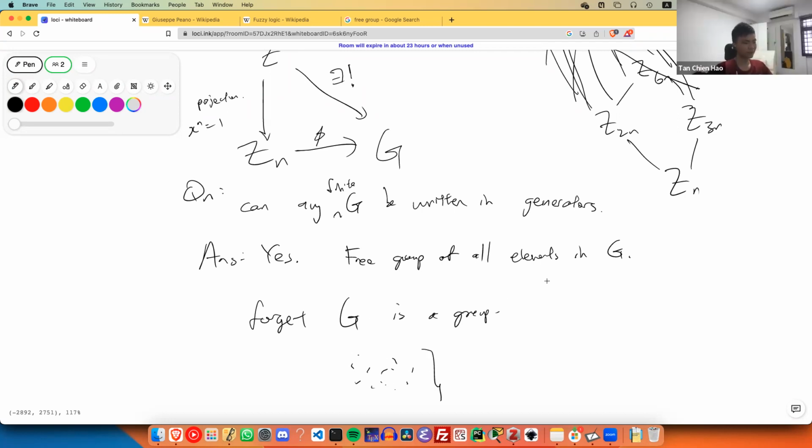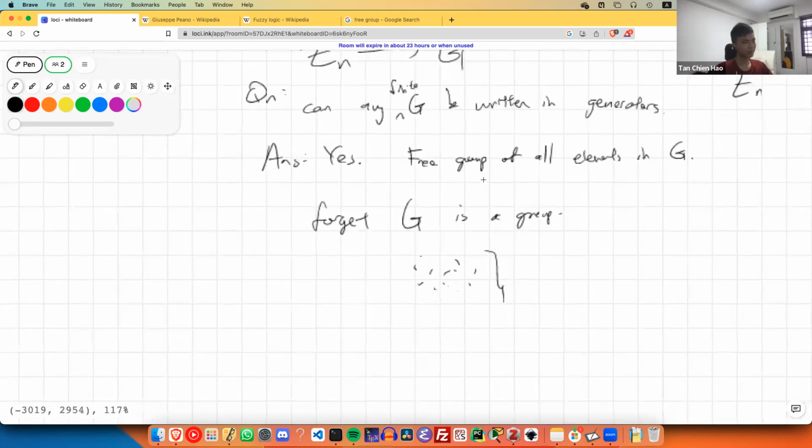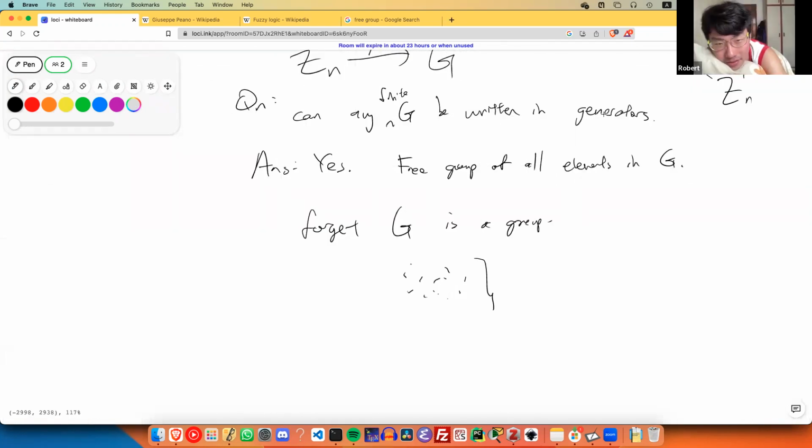Now we take the free group on this, which gives a huge group, very huge. But if we impose all those relations again, we get back the group G. So in some sense, that justifies the use of generators.